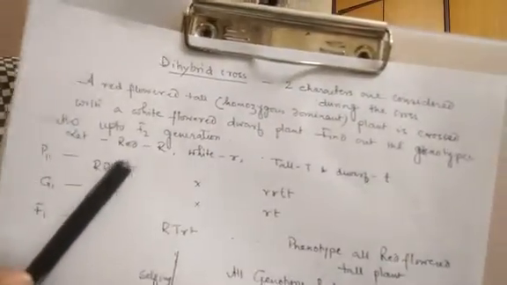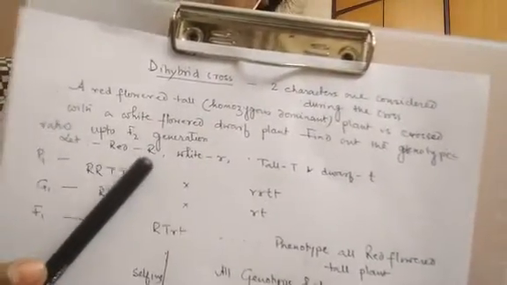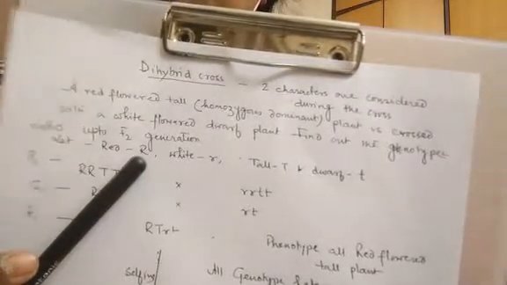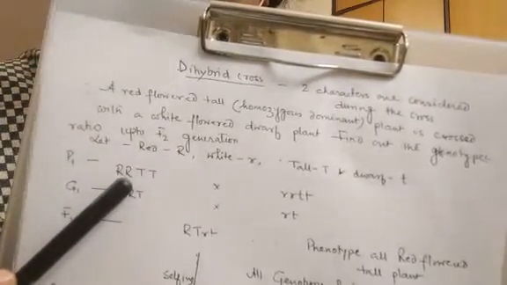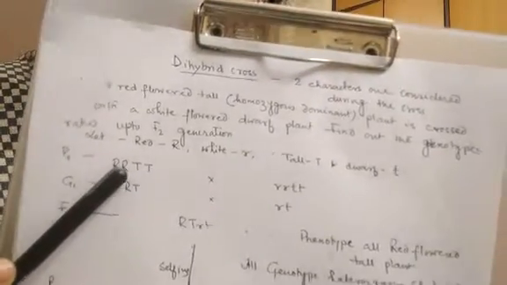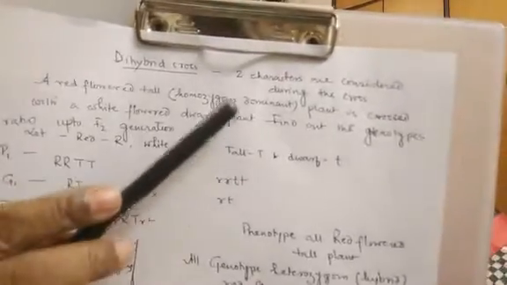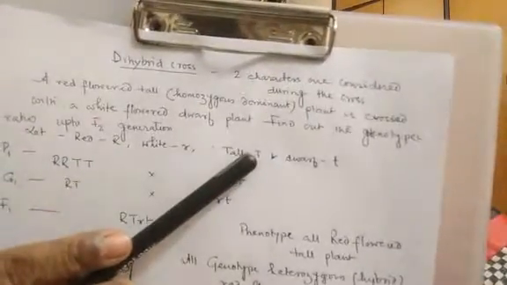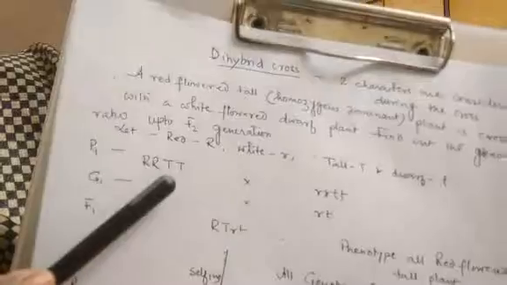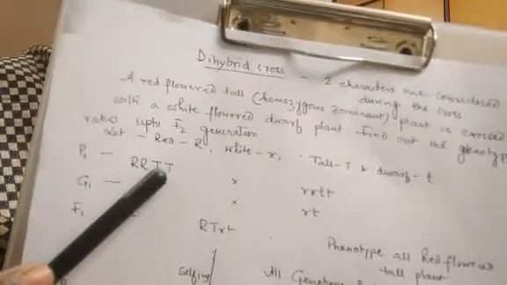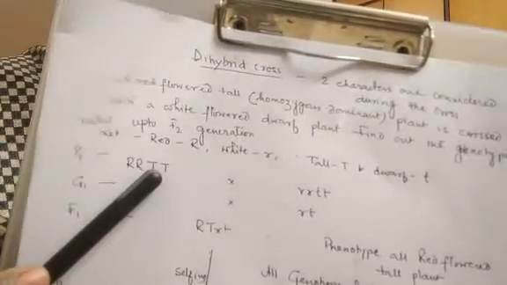So we can consider R, capital R for red, since red is dominant here, and it will be capital R because the condition is homozygous. For tall also, since tall is dominant, we will take capital T, and it is dominant and homozygous here.